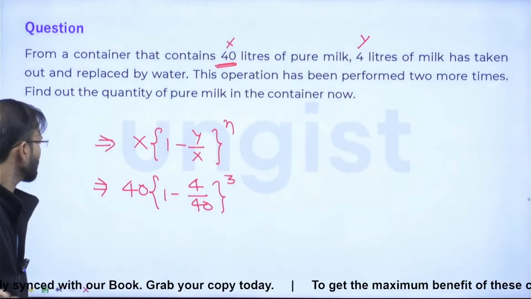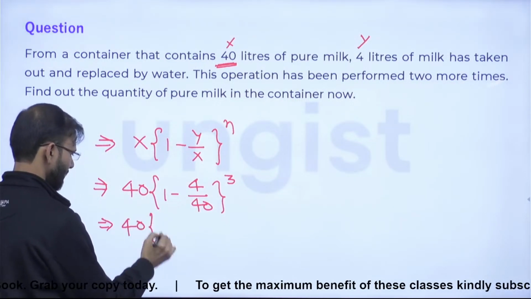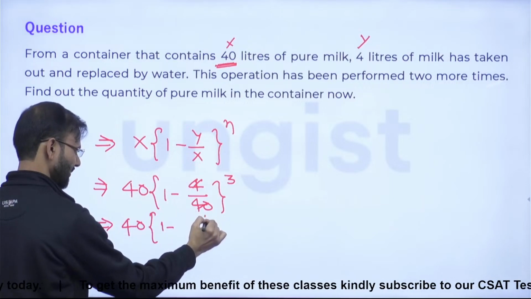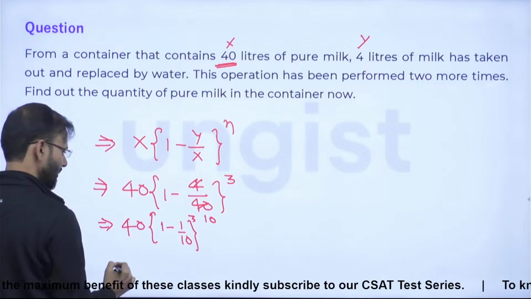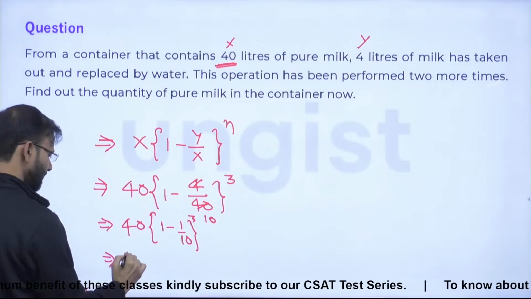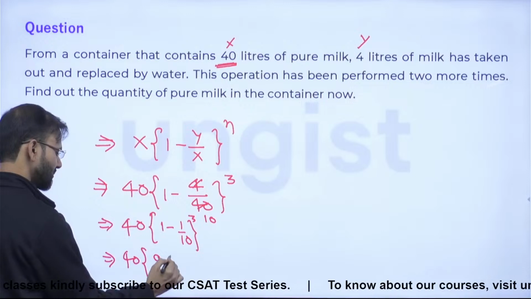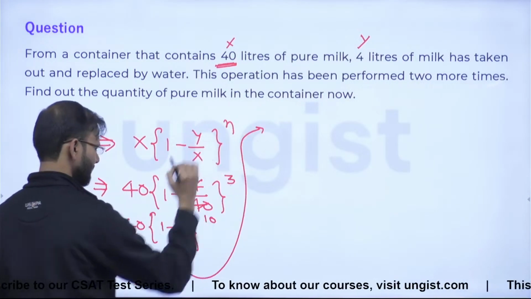Okay. So here 40 into 1 minus, so this is 1 by 10. So 40 into (1 minus 1 by 10) raised to the power 3. So this is 40. 1 minus 1 by 10 means 9 by 10 raised to the power 3. Okay. So I'm doing it here.